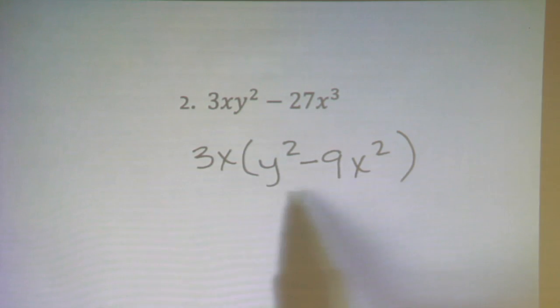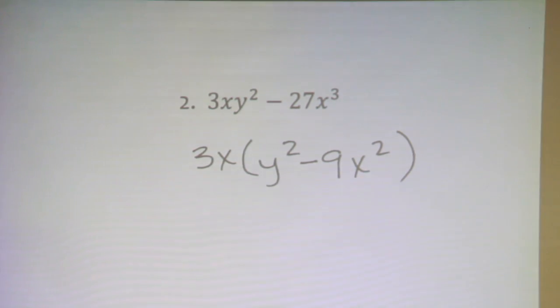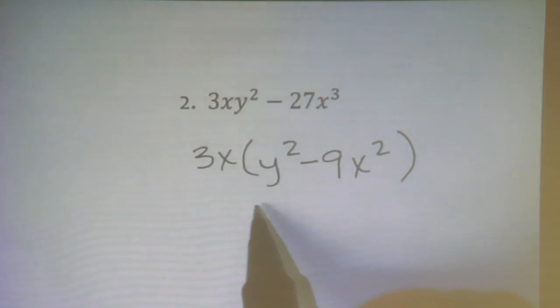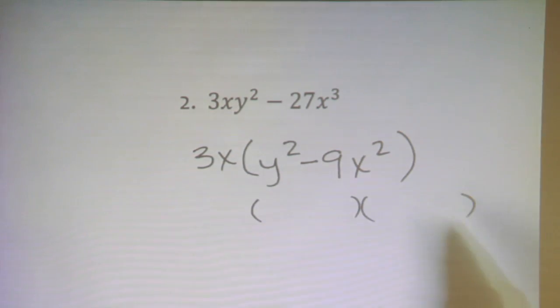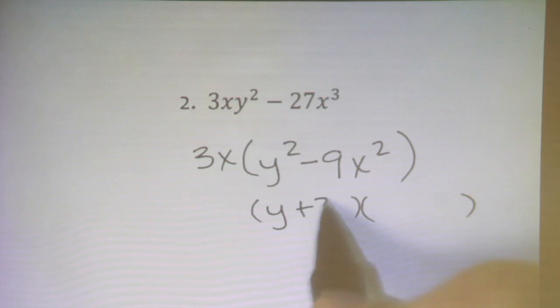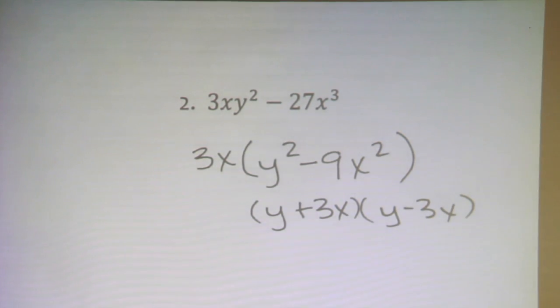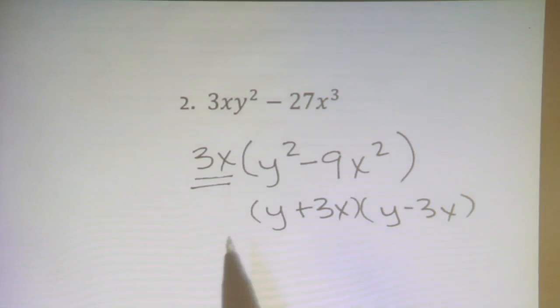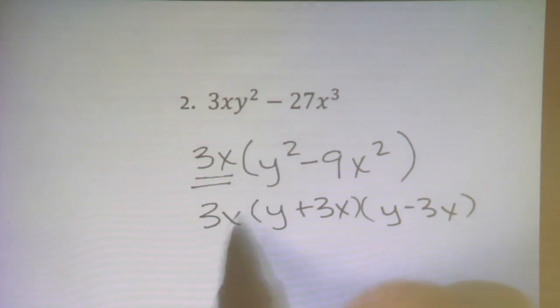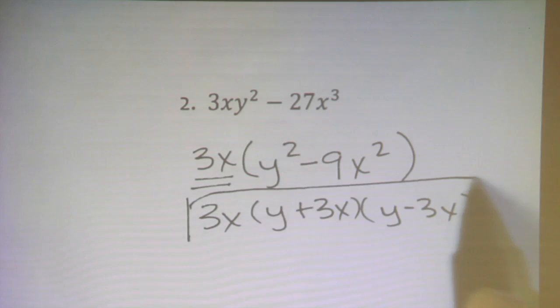Now you look and see what you're left with. Is there anything I can do with that? It's 2 terms and it happens to be DOTS, difference of 2 squares. So I break that up again into y plus 3x and y minus 3x. Do not forget to include the GCF you took out initially in your final answer.